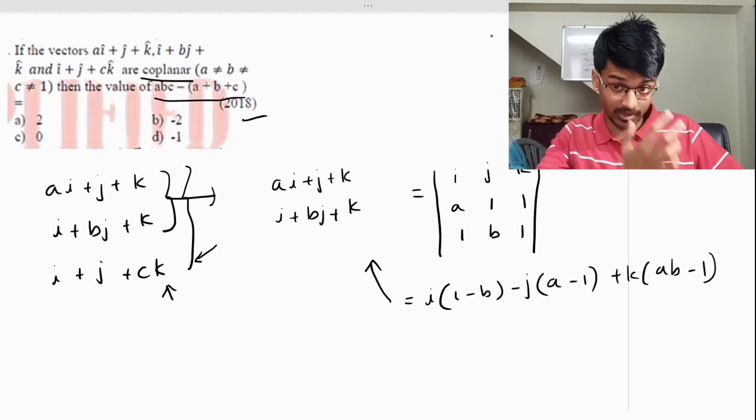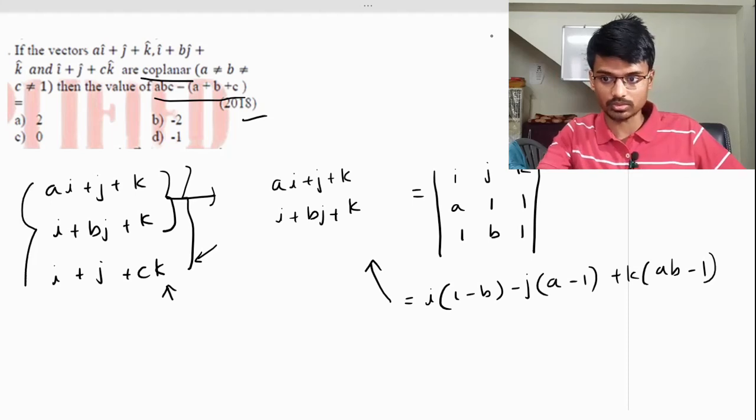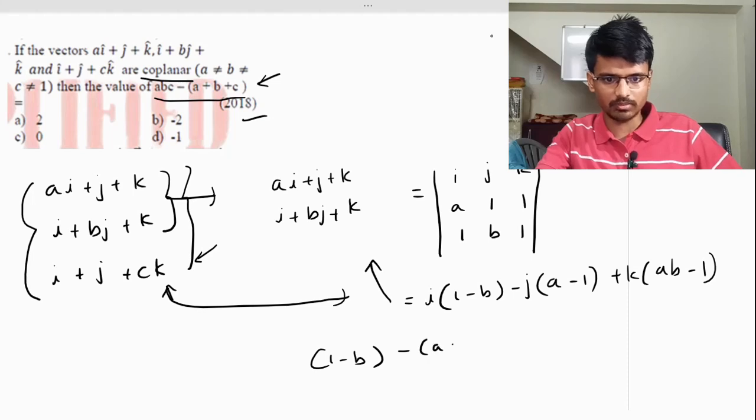I can multiply it with any of the three vectors, but as our expression has all the three variables a, b, c, I am choosing the third vector to multiply. If I take the dot product between these two vectors, what do I get? I get (1 minus b) minus (a minus 1) and c times (ab minus 1).